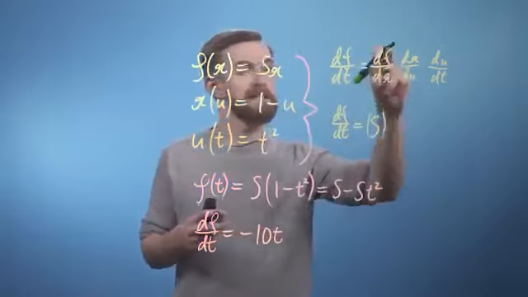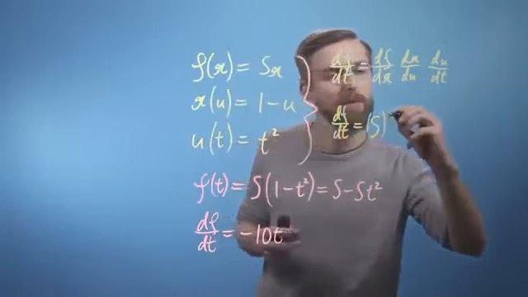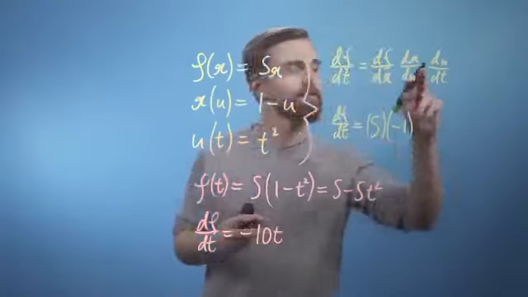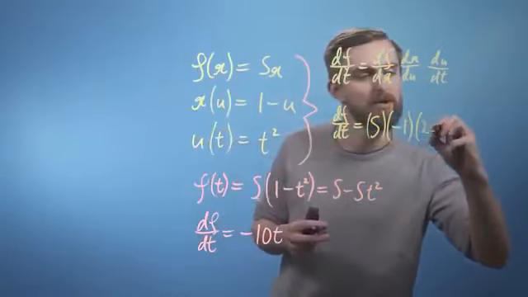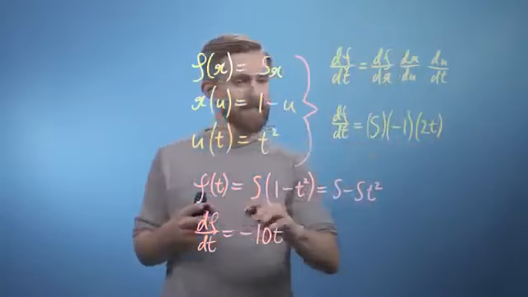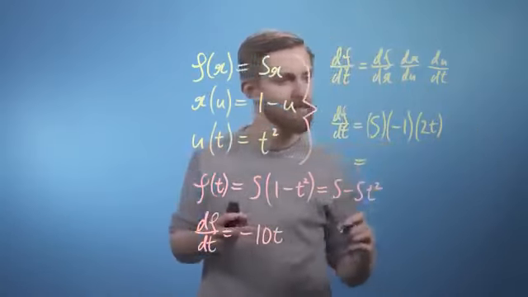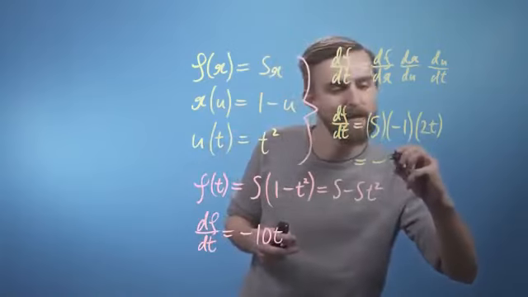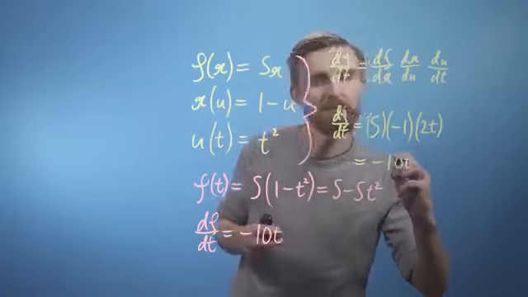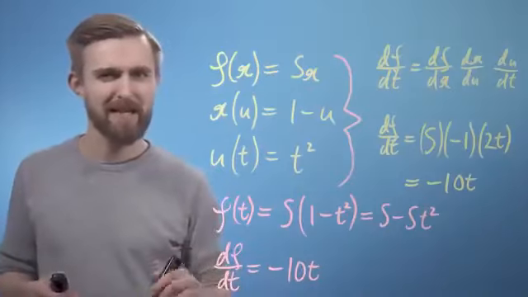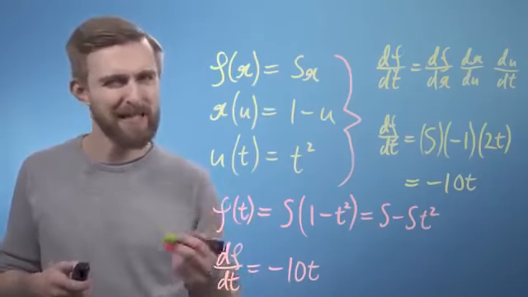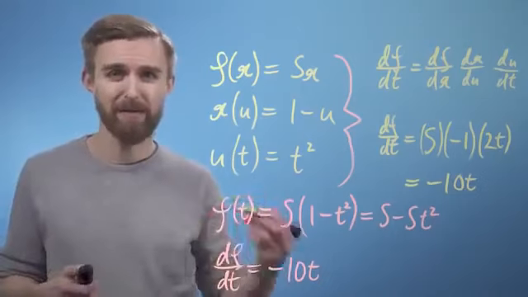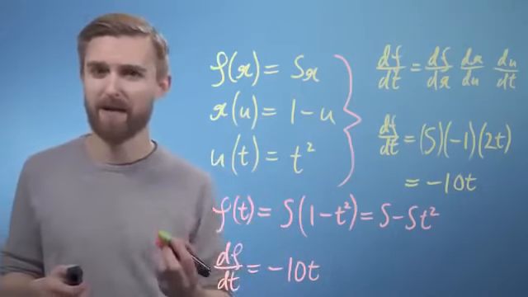We're going to multiply that by dx by du, which is just minus 1. And finally, du by dt is just going to be 2t. So once again, we're going to recover the same answer, which is minus 10t. So we can see that this approach works for chains of univariate functions, and we could extend it out to as many intermediary functions between f and t as we'd like.